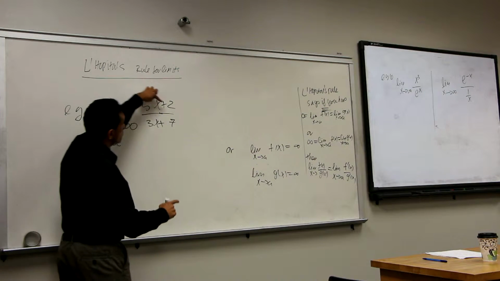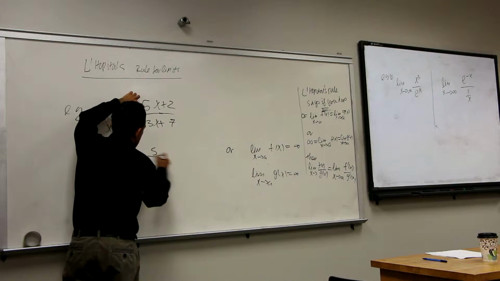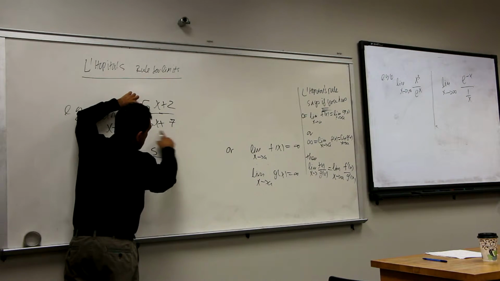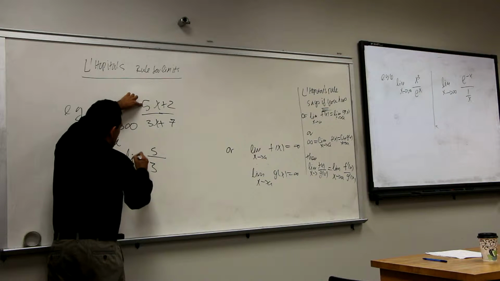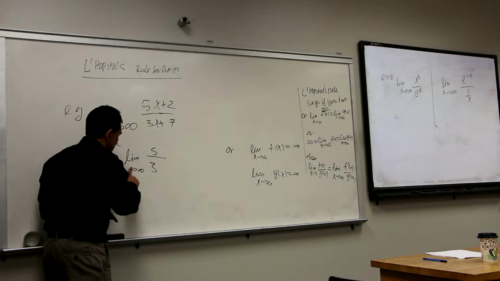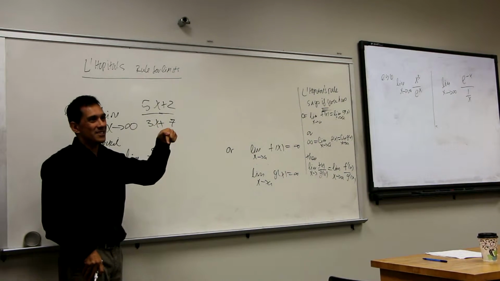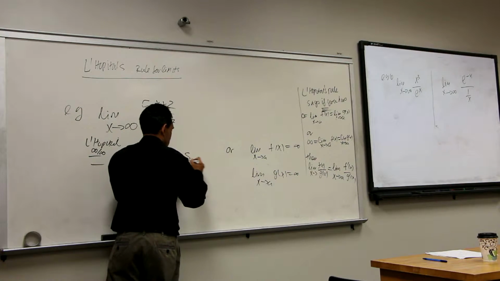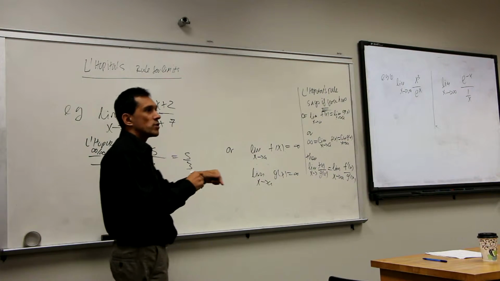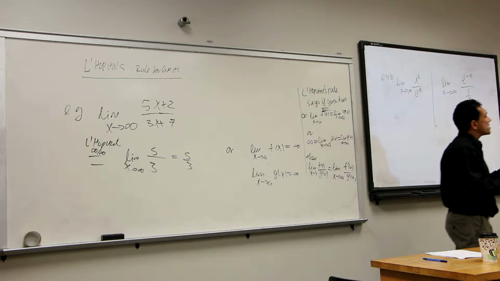The derivative of this is 5. The derivative of this is 3. And then take the limit. As x goes to infinity, 5/3 goes to 5/3. So infinity over infinity is 5/3.